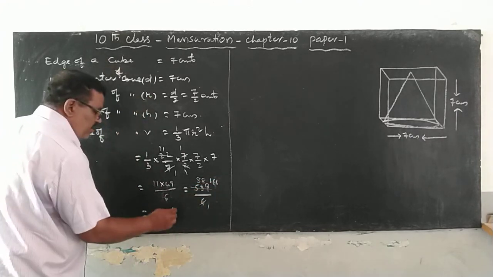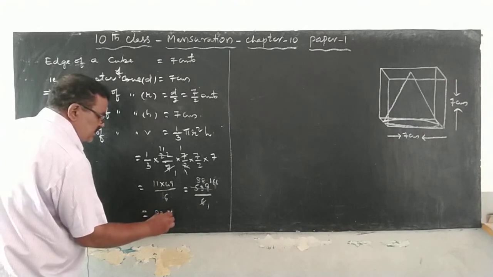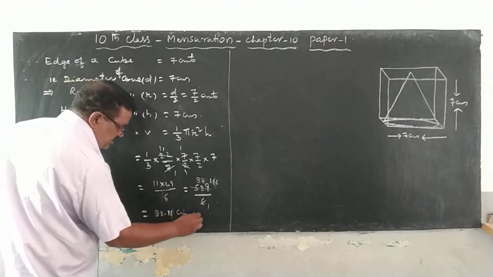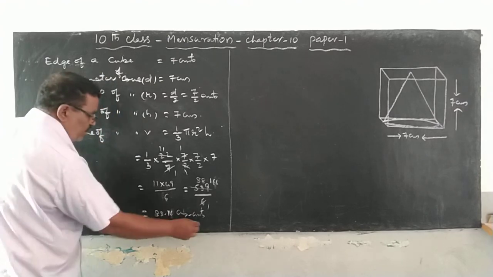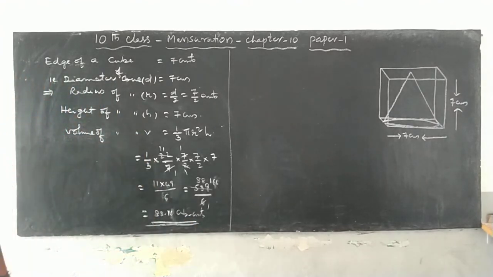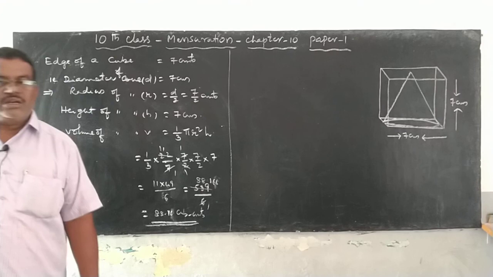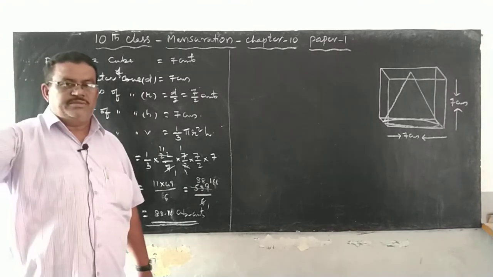So approximately 88.16 cubic centimeters. This is the volume of the largest possible cone cut out from the cube, children.